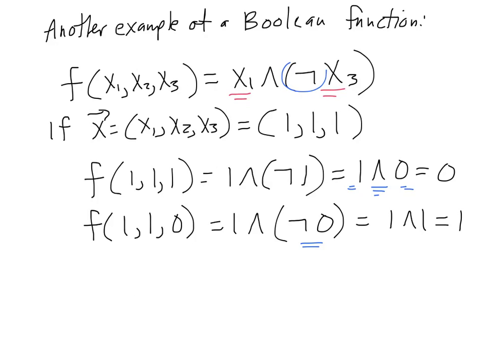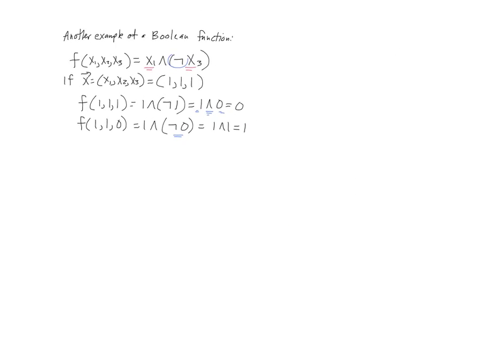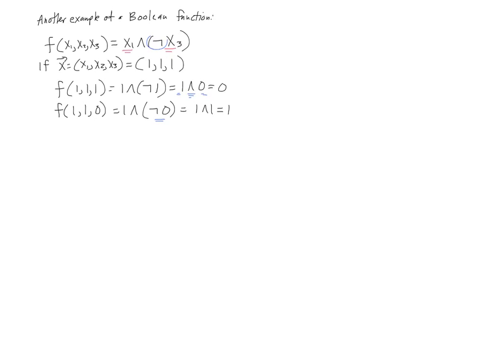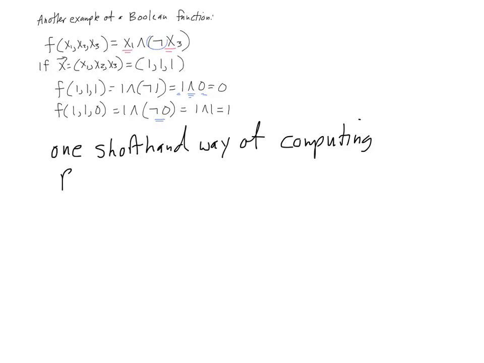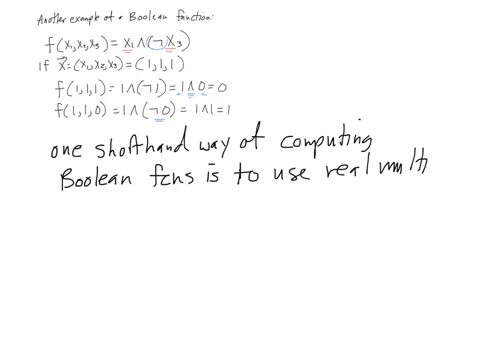Now, one nice thing to think about, a shorthand way of doing this, is to algebraically create functions that'll do this for you. So one shorthand way of computing Boolean functions is to use real multiplication. Okay, but you've got to be careful, and you've got to define it rigorously here.